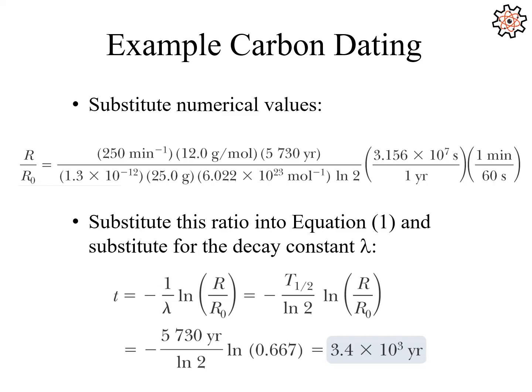We've also got to make sure that we're cancelling units top and bottom here. The ratio of two rates is unitless. We need the same units top and bottom here. And so we do need to do some unit conversions, and they're done at the end there, so just take note of that. And that then gets us to an answer by putting that into the initial equation, taking the log of R over R0, negative T half over log 2 times that, brings us to an answer of 3,400 years.